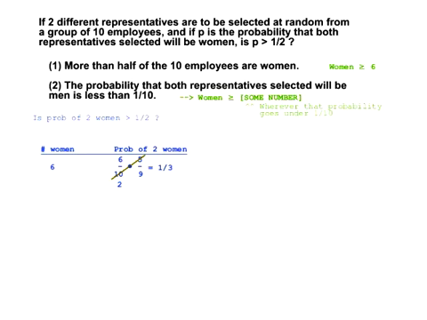Okay, this is 1/3. What does this mean about the more than half is 6?